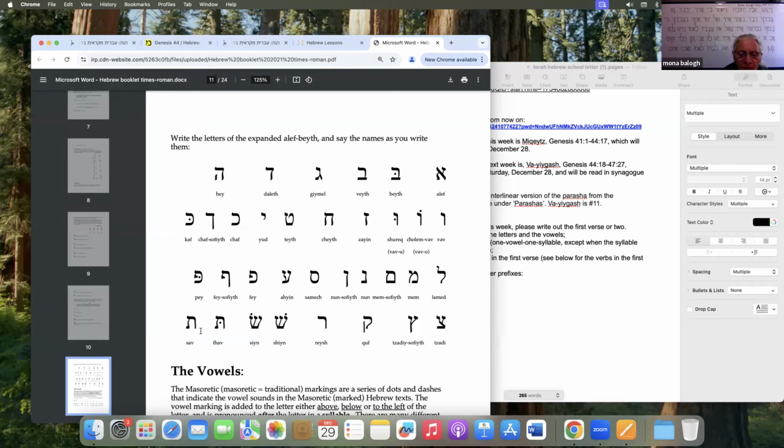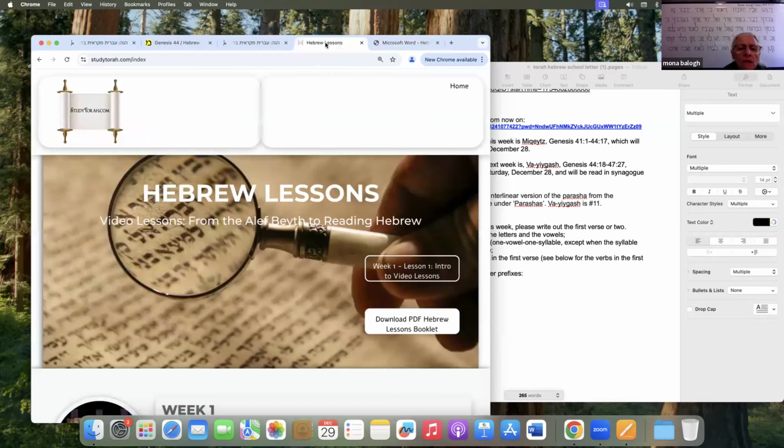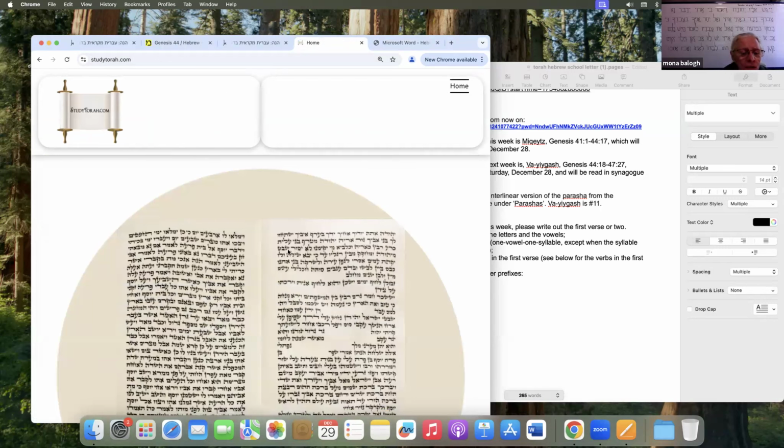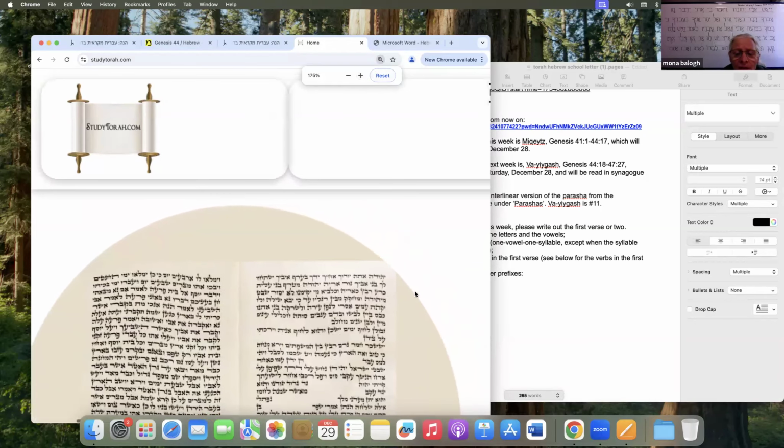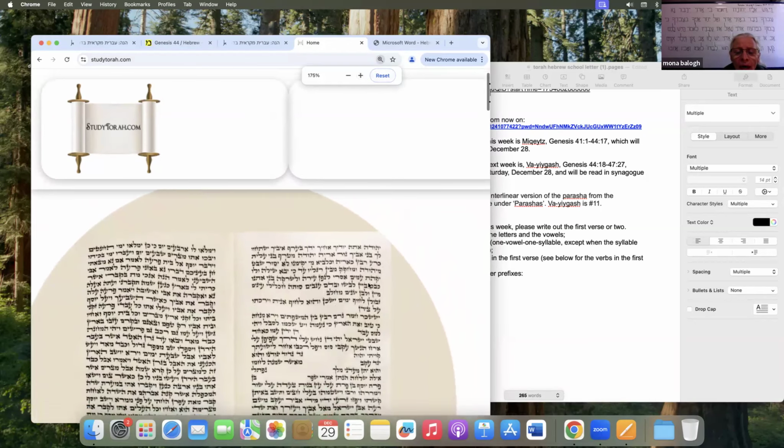So in the scroll, let's go back here. You have just the letters and the words. This is not too clear, but let me try and get this a little bigger. But bottom line is, if you're going to be reading from the scroll, you're going to need to know how to pronounce it with vowel sounds.